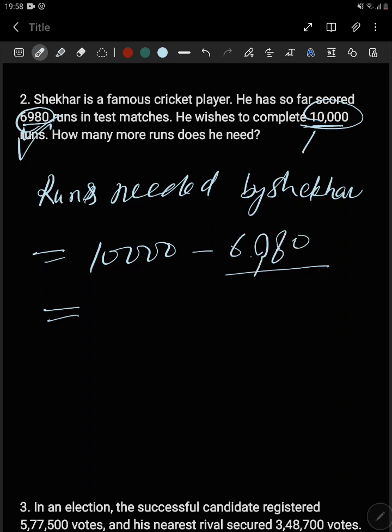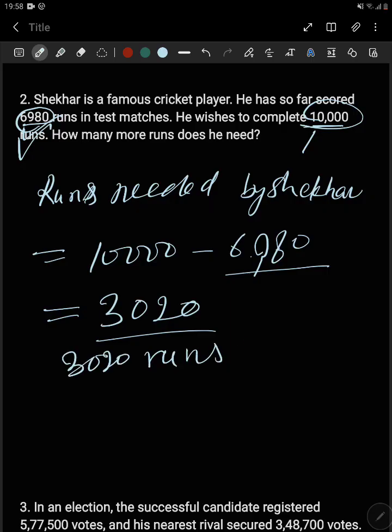So the answer will come as 3020. Okay, so this is the final answer of this question. Means 3020 runs are needed to arrive at 10,000 runs. So this is the second question of the exercise.